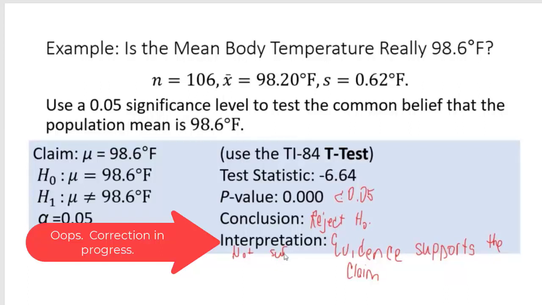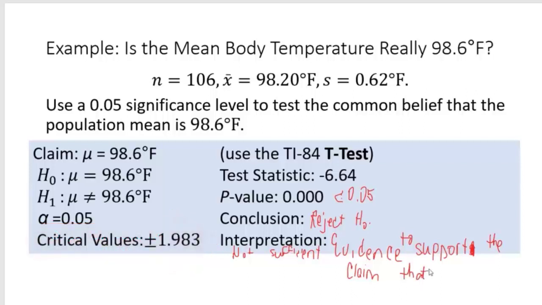There is not sufficient evidence to support the claim. And to clarify, that's why I always write down what the claim is. The claim was that it's equal to 98.6. So we are not going to support the claim that the mean is 98.6 degrees Fahrenheit. Evidence suggests that it's not.